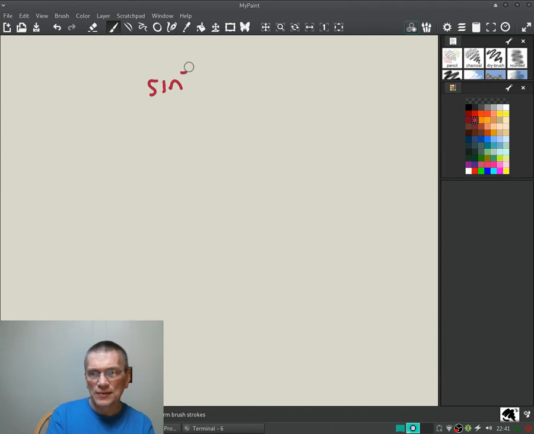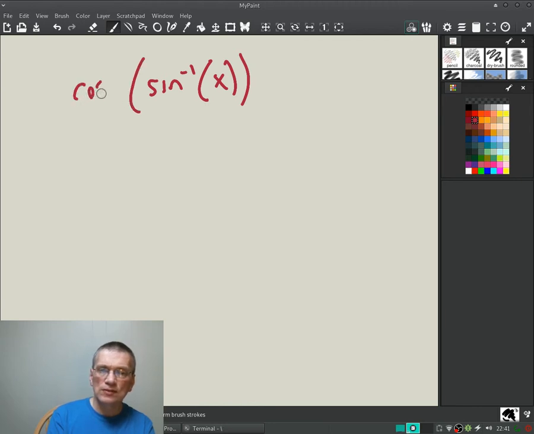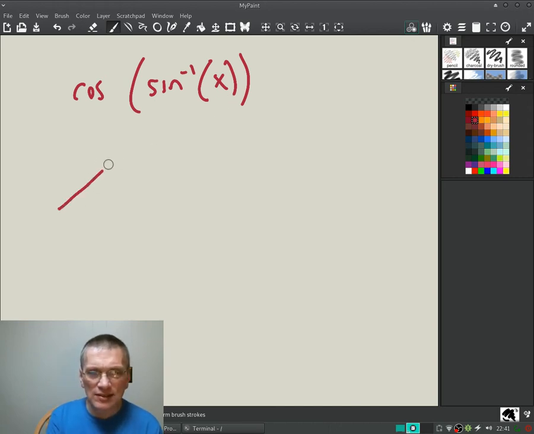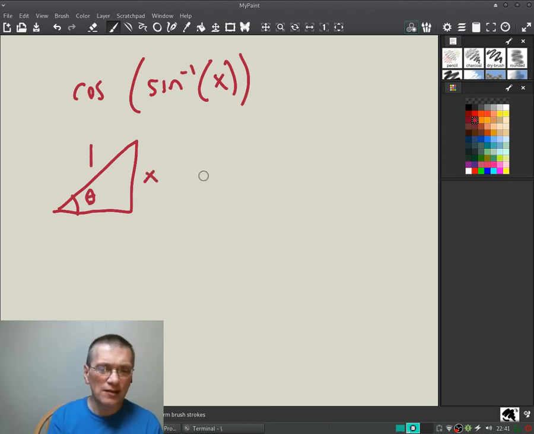Cosine of arc sine of x. So we want to find some angle whose sine would give you x, so that means whatever this angle is, this over this is x, so it's sort of x over 1.